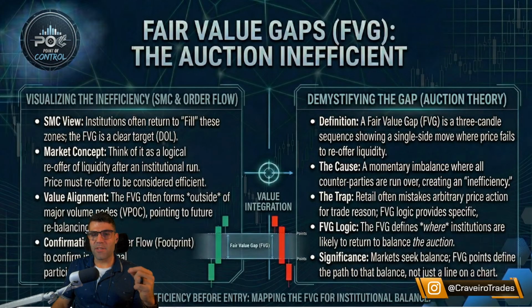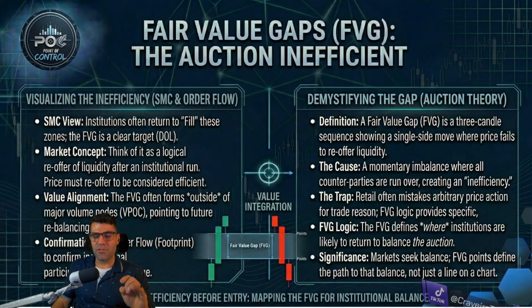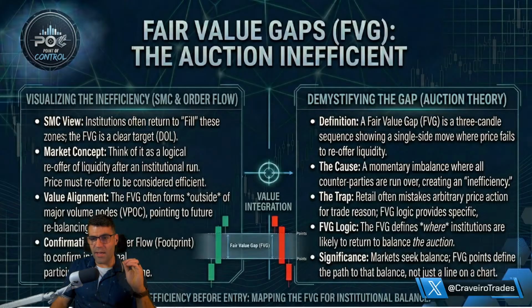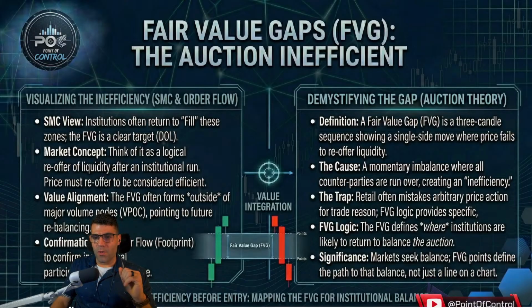So you will be able to actually see the auction happen in live time, be able to tell when institutions or large ticket players entered the game and where they're going to drive the vehicle next. So that's in the long run what we're going for.